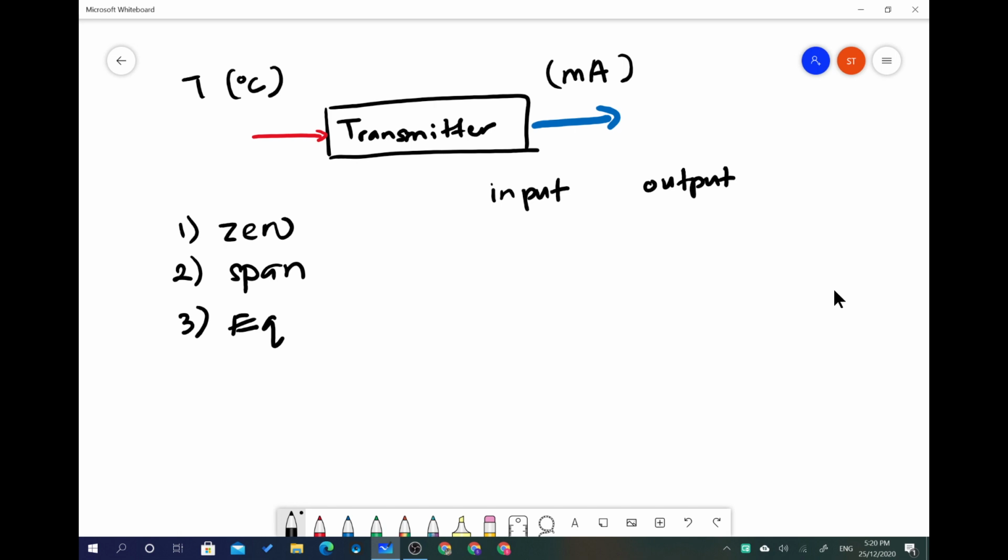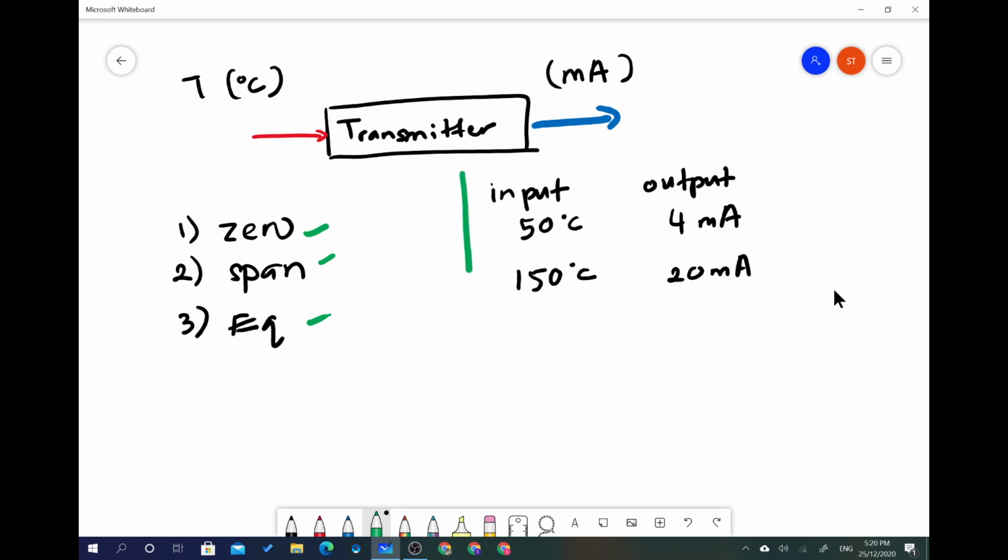The range of output is 4 milliampere to 20 milliampere. For the input, for example, it comes from a thermocouple, which is a temperature sensor, so the input is from 50 degrees C to 150 degrees C.